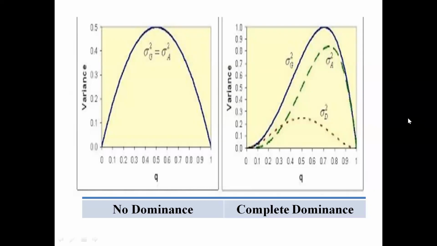And in case of complete dominance, we have also seen in our results that additive variance, dominance variance, genotypic variance are found in different ways, and these are mentioned in this graph. Dark blue line, genotypic variance, broken green line, additive variance, and broken black line, I think, dominance variance. You try to do it at your home by taking one graph paper. You will get this type of graph.